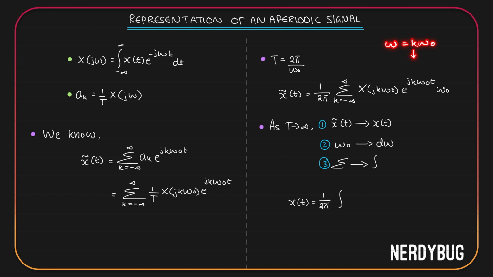So if k ranges from minus infinity to infinity, omega will also be from minus infinity to infinity. So limit of integration is from minus infinity to infinity. X of j k omega naught, I will write it as x of j omega. Omega is k omega naught. E raised to j omega t. Omega naught here will become d omega.